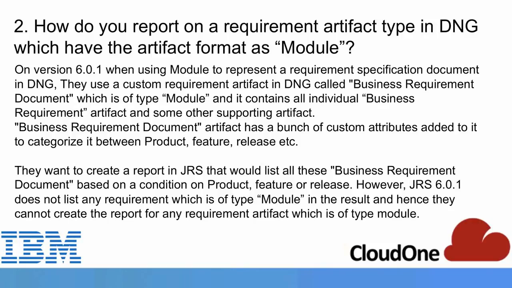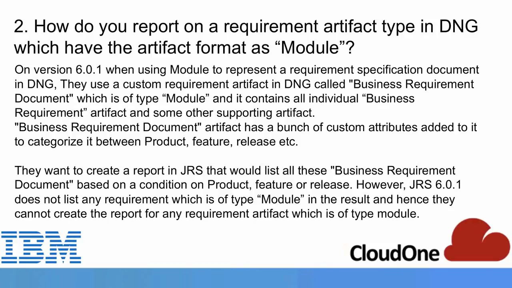The business requirement artifact has a bunch of custom attributes added to it to categorize it between products, features, and releases. But basically what they're saying is they're not able to list any type, which is module.